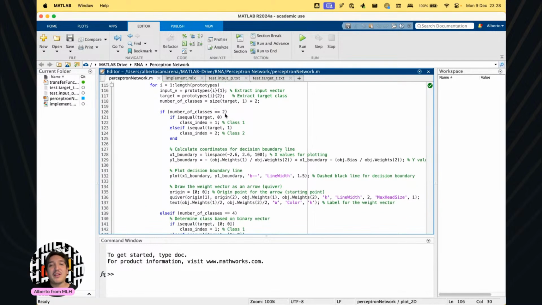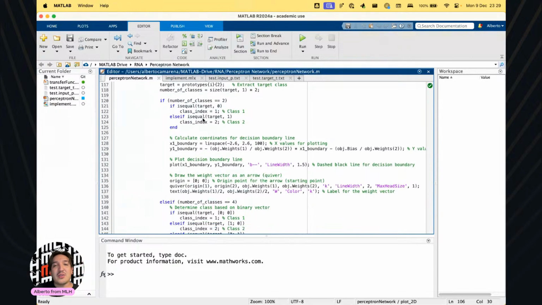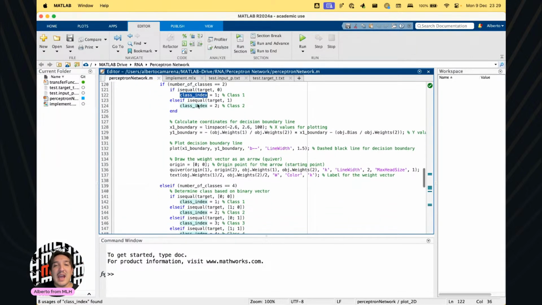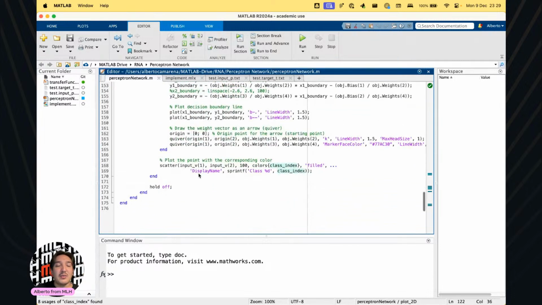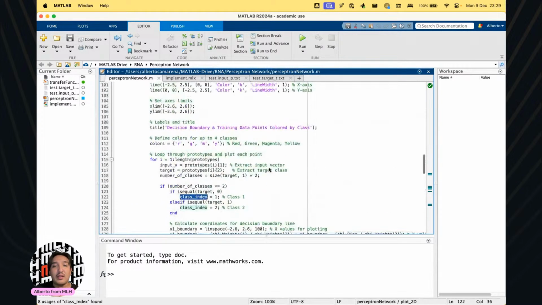If the number of classes is 2, I will do this. It's equal to the target to set the class index, and then once I have the class index, I scatter that class index to the color to set red, green, magenta, or yellow. It depends if this is for class 1, class 2, class 3, or class 4.